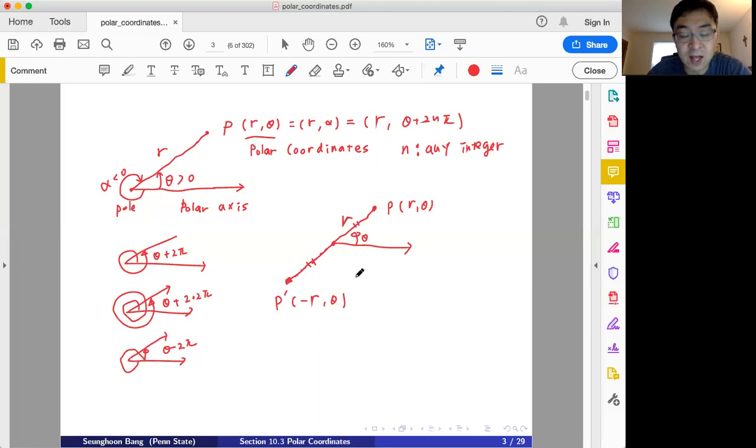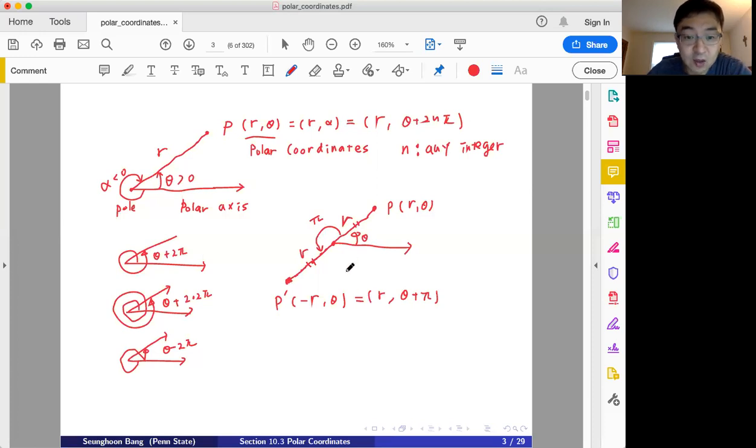How can you find the negative length? You plot the point (r, theta), and next you reflect about the pole. This point is (negative r, theta). So I can change this to a positive length. How can you do that? The length is also r, and you change the angle. What is this angle? This angle is exactly pi. So we have theta plus pi.